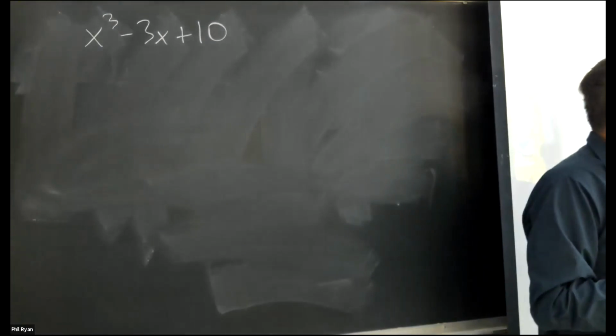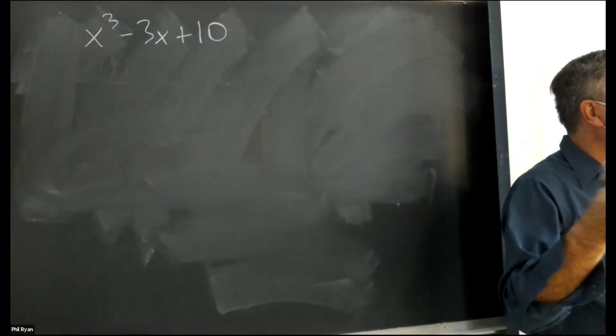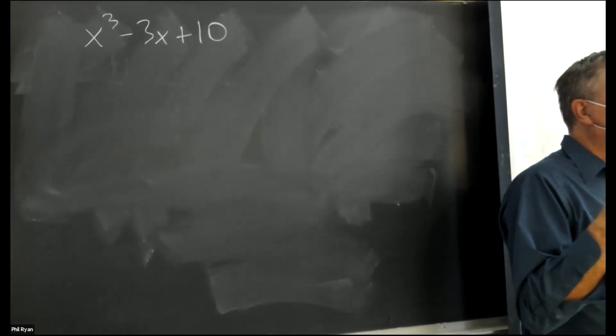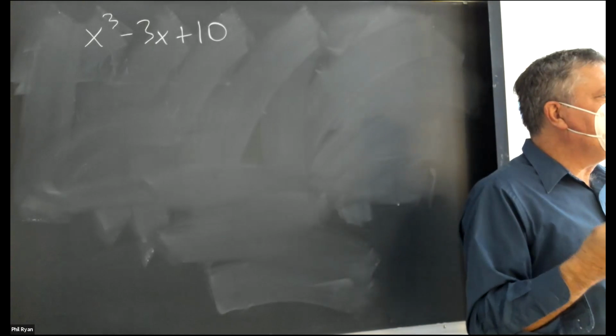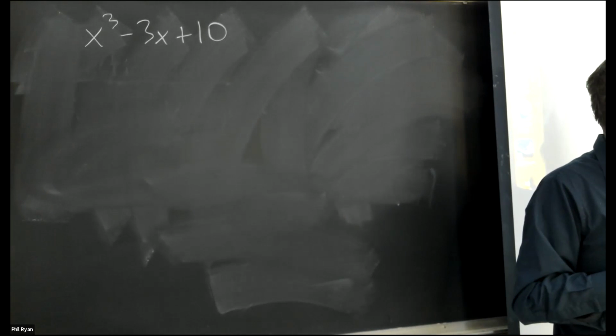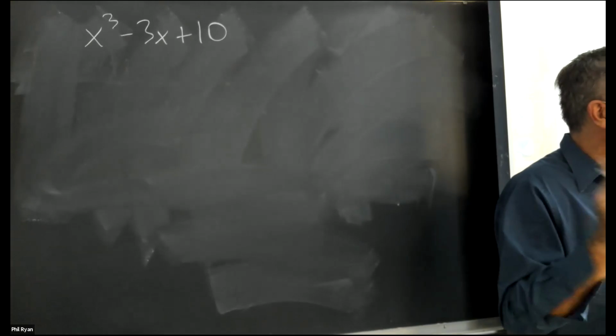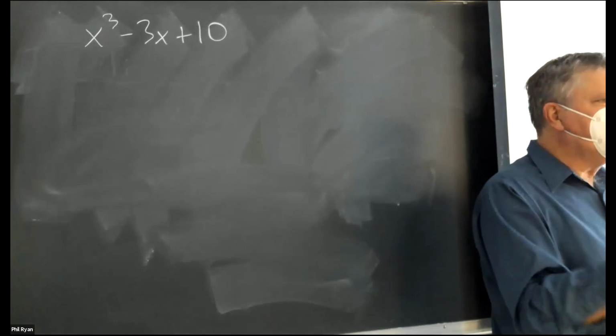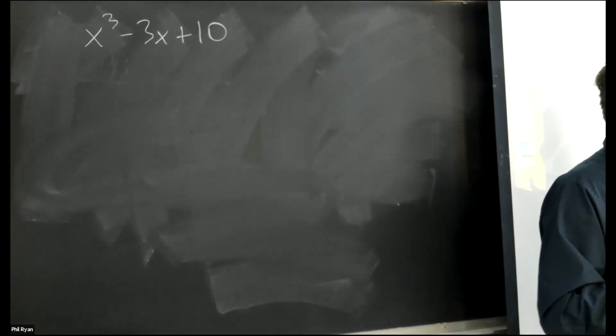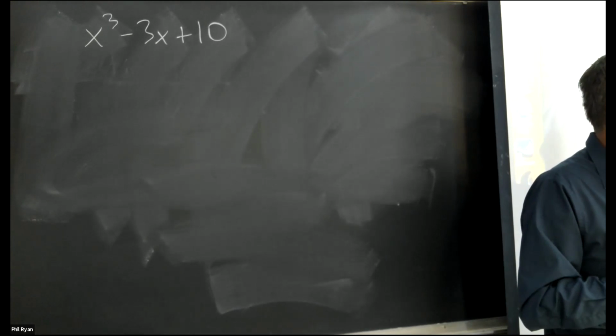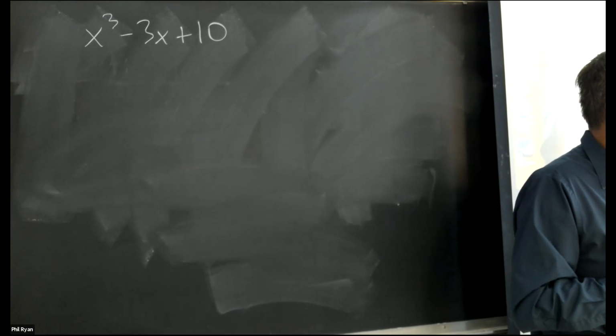So say, for example, you want to graph this without using a graphing calculator. The most important things I'd be interested in would be when is it increasing, where is it decreasing, when is it concave up, where is it concave down. Those are the basic facts I like to know about a function. So you need to know the transition points, that is, the critical points and the inflection points.